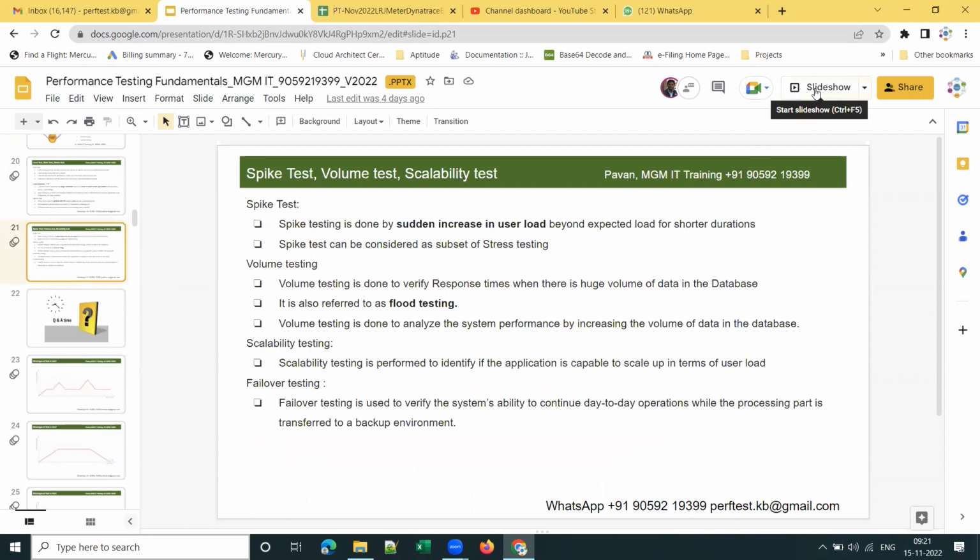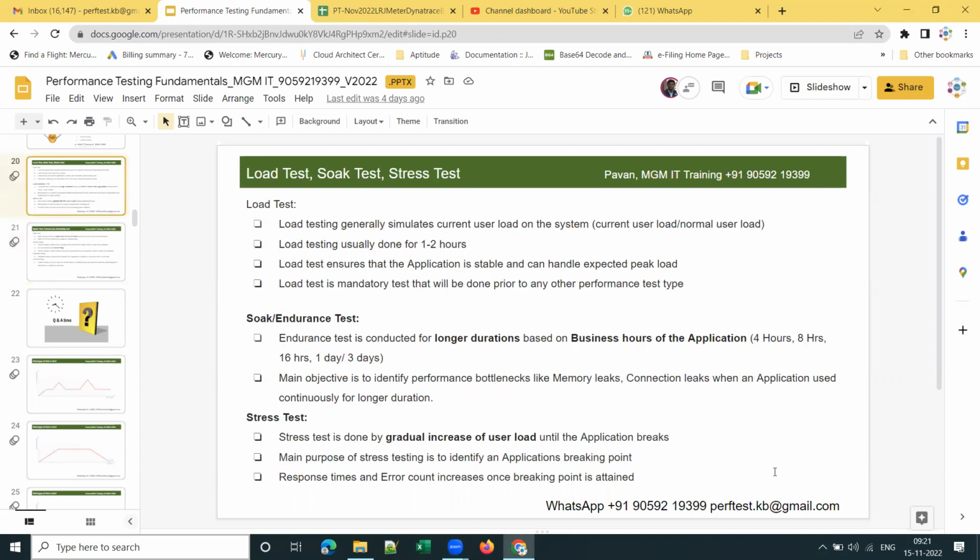Sir, one doubt on the previous slide. You told that the breaking point will be based on the number of errors and the response time. Is there any standard we maintain, for how many errors and what standard response time? Error percentage can be 1% for any application.